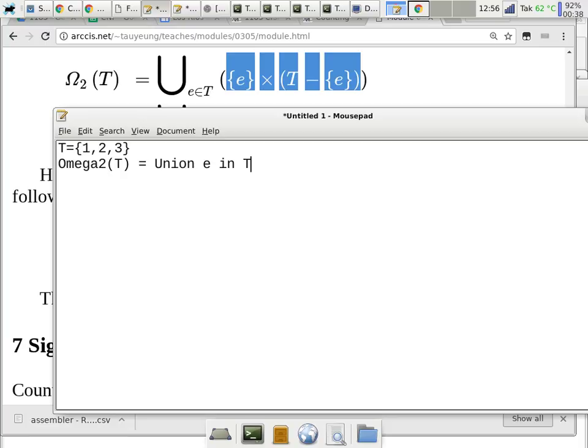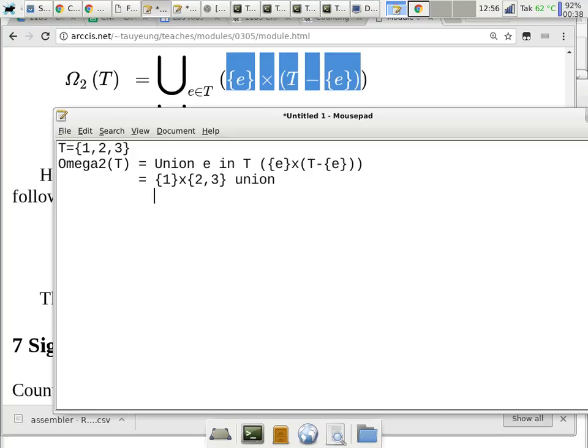And then in each one, we want to do a Cartesian product of the set consisting of E only with the set that is t minus E. Okay, so what is that going to boil down to? So this is going to be boiling down to, if E is 1, then we have 1 Cartesian product with the remaining portion of t, which only has 2, 3. And then union with the next one.